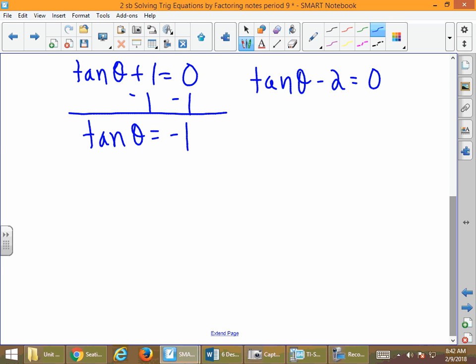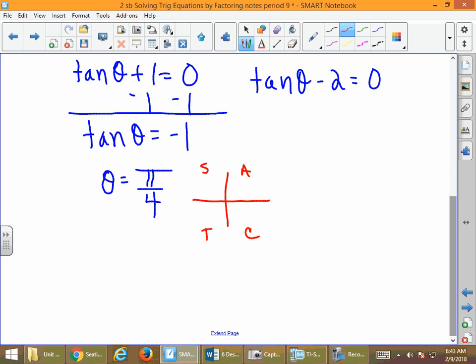Because where does tangent of theta equal 1? Tangent of theta equals 1 at pi over 4. But we're looking at tangent of theta equals negative 1. All students take calculus.